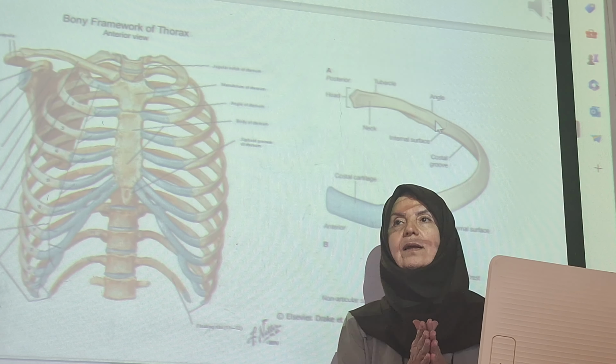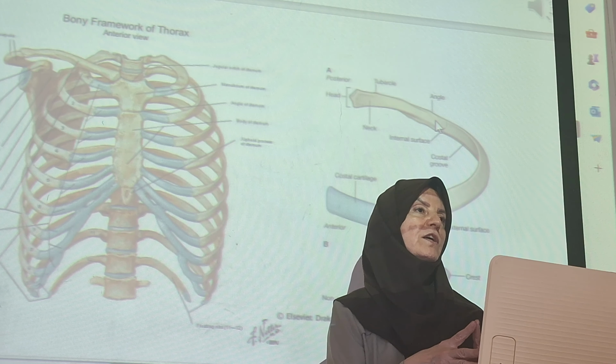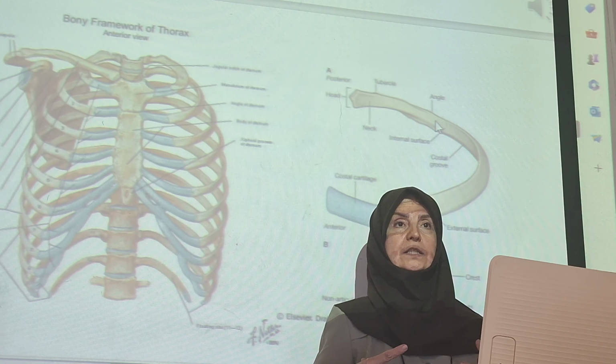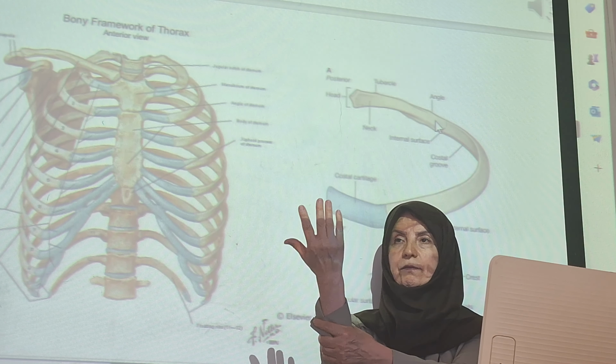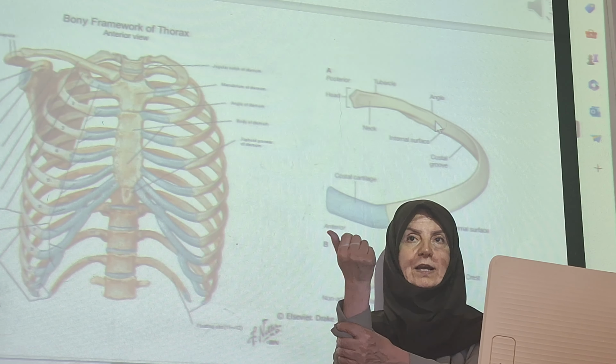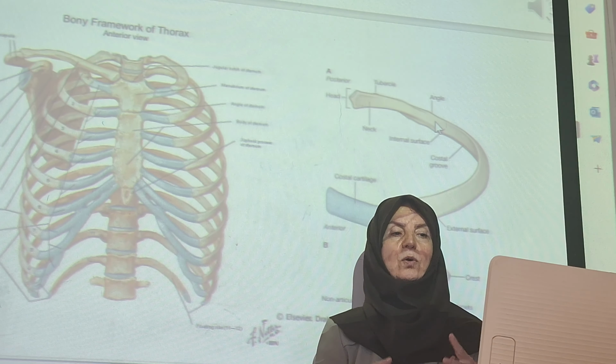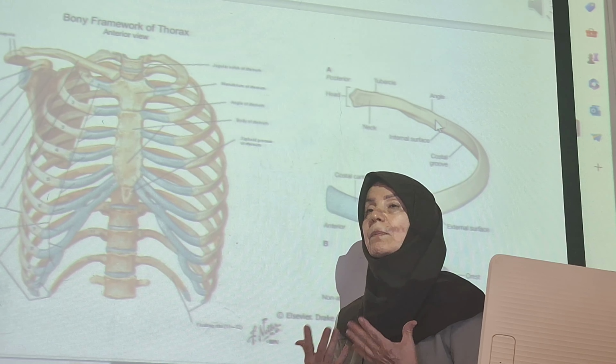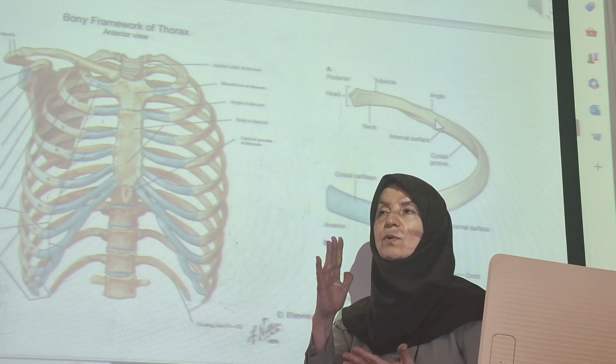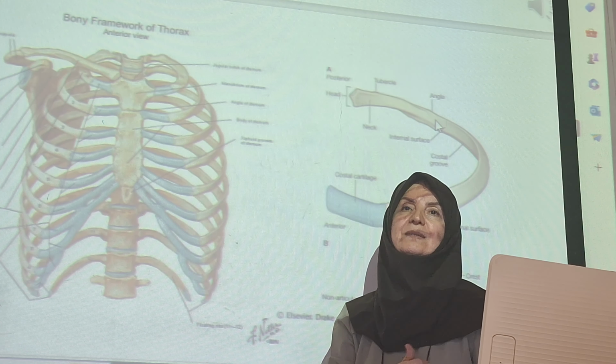Okay? And you know the fracture of the rib you are not able to fix. For the forearm you fix, but for the ribs you are not able to fix. So the patient, it depends that one rib has broken or some of the ribs has broken.